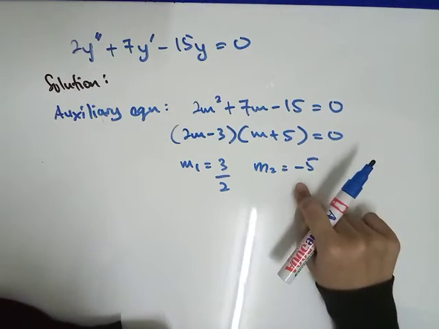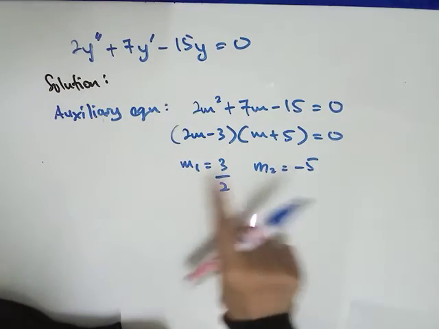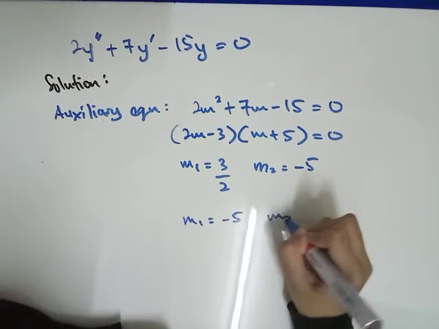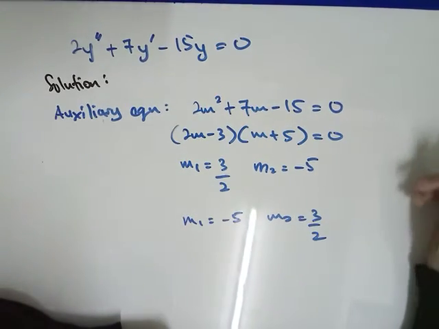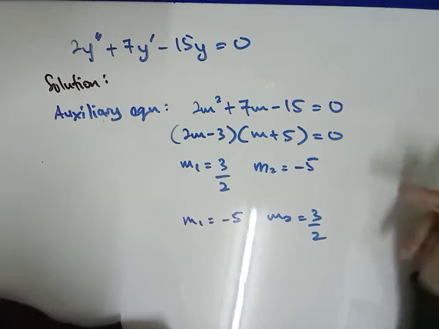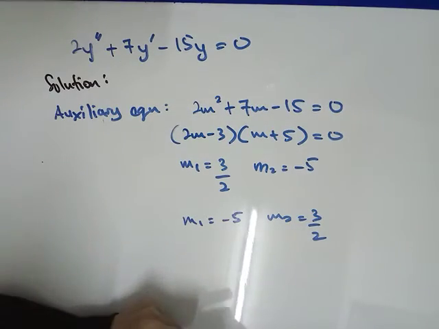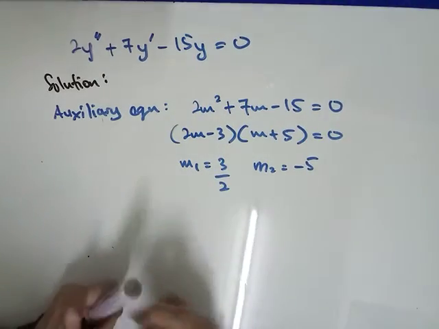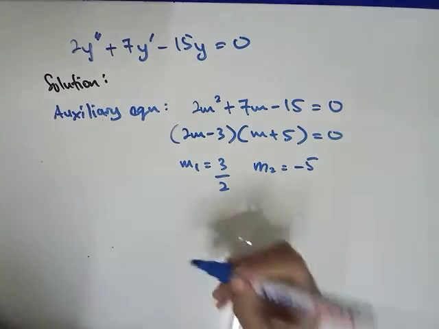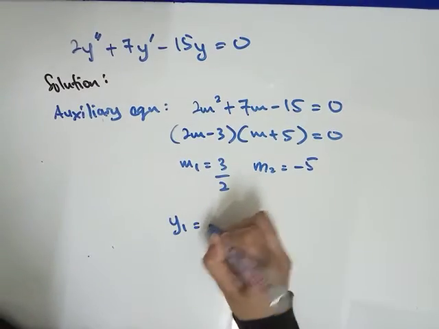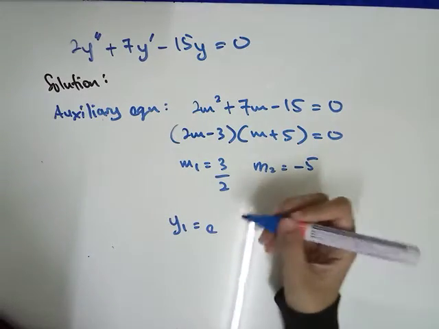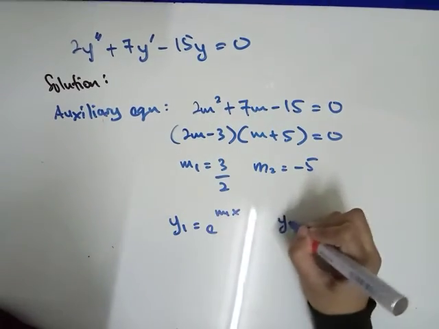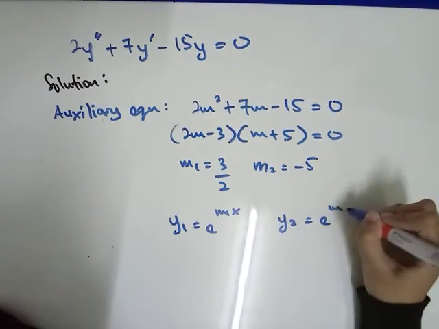If m1 and m2 awak terbalik, let's say awak dapat m1 negative 5, m2 awak dapat 3 over 2, it doesn't matter. Kalau terbalik pun it doesn't matter. Tak ada masalah yang tu. And then what? Substitute the theorem y1 equals to exponent m1x, y2 equals to e exponent m2x.